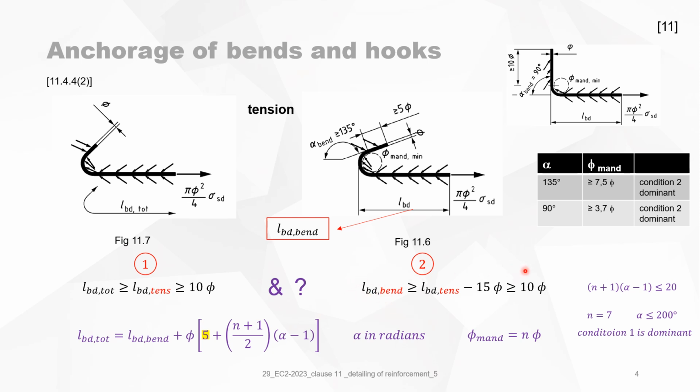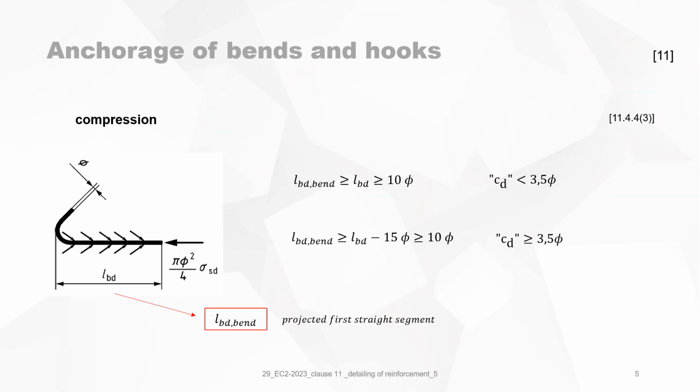I think this needs some more explanation. Why is this the case? For compression, and we are still in anchorage of bends and hooks, this time for compression. Again, it's indicated on the figure that this is LBD, which is again very confusing. So I suggest that we should call this LBD bend.